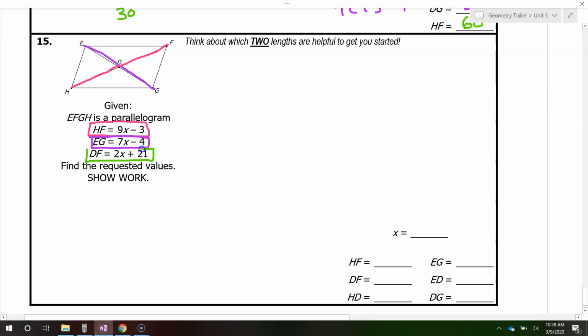DF. We have an expression for DF. DF is right here. All right, let me try to do this side by side so it doesn't cover up. Now, this is one of those situations where we talk about halves and wholes. DF is a half, but what is the whole that goes with it?